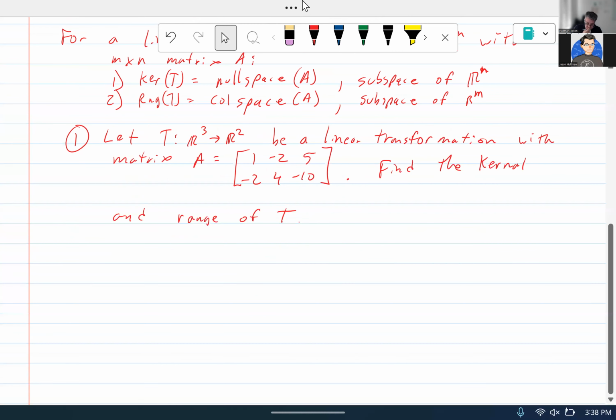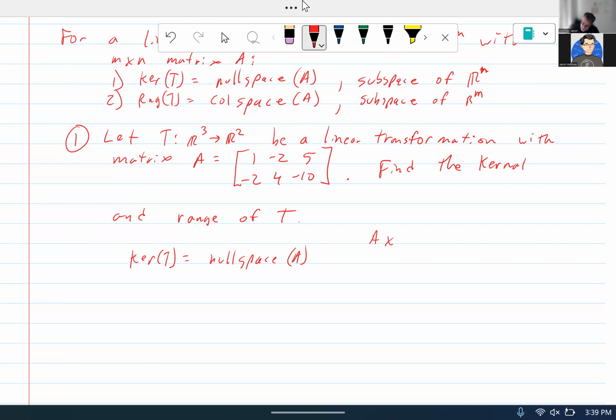So the kernel of T is going to equal the null space of A. The null space is where this thing is equal to 0. It's Ax equals 0. What values of x make this system of equations equal to 0?